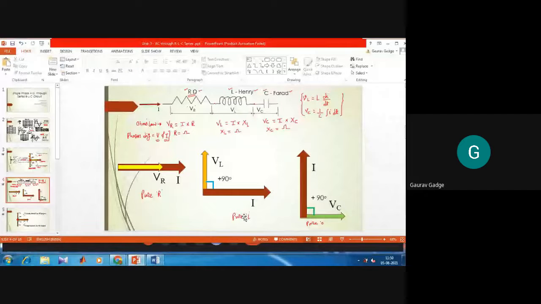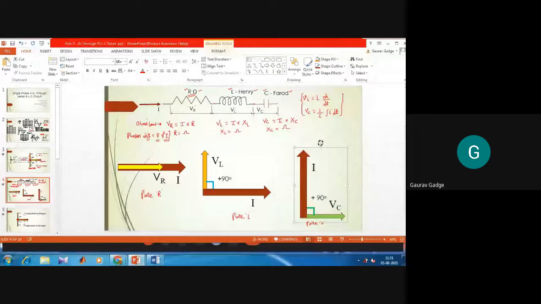Now I make it for pure capacitance. If you have a pure capacitor in the circuit, and the current is the same for the circuit, then considering current as the reference phasor, whereas for pure capacitance current leads voltage, therefore we had plus 90.